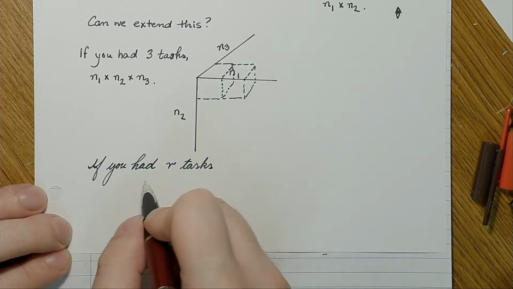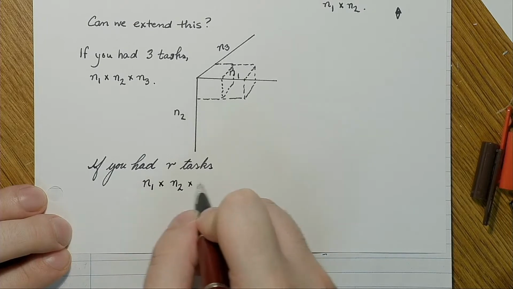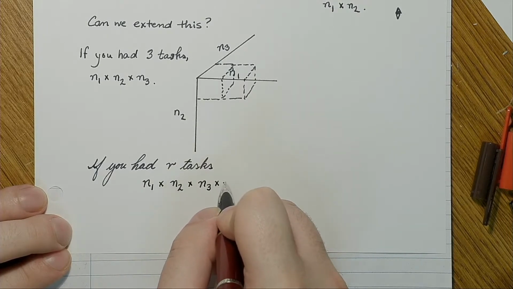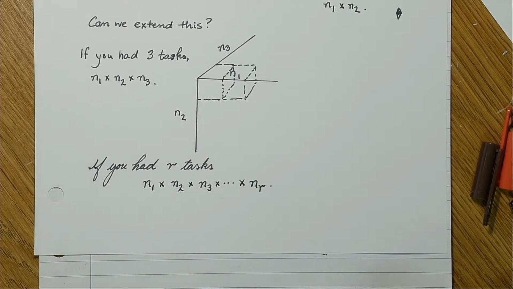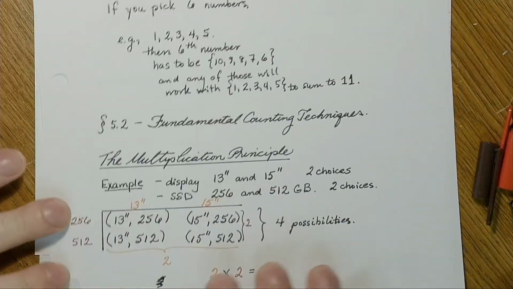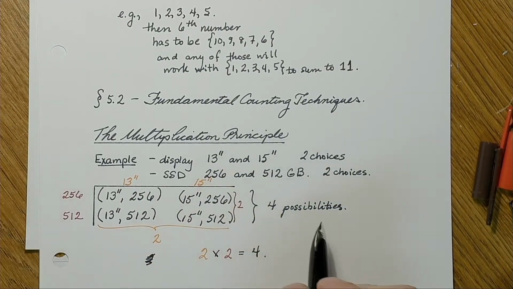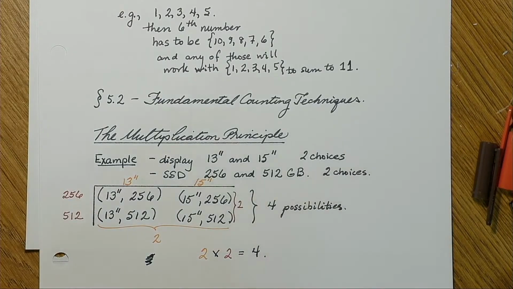If you had R many tasks, then you would have N1, N2, N3, dot, dot, dot, all the way up to NR. But that's what we do all the time in math. We think with a simple problem, like what we did right here with maybe 4 possibilities, and we keep extending it further and further and further.